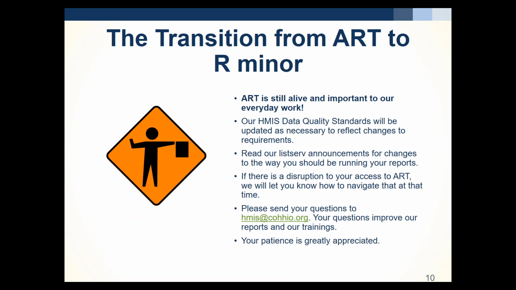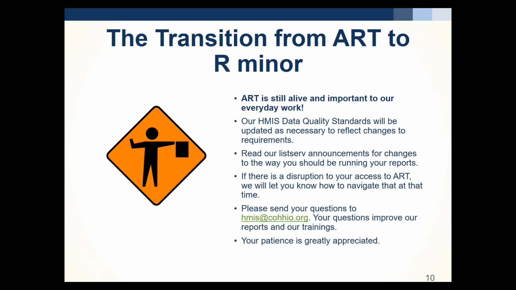And as we make this transition, the HMIS data quality standards will be updated as necessary to reflect changes to your requirements, so you'll always know what's been changed. Be sure and be reading our listserv announcements for changes to the way you should be running reports. And also, if there is a disruption prior to us being done with RMiner and getting everything out, we'll let you know exactly what's happening if anything does happen to art between now and the end of the year.